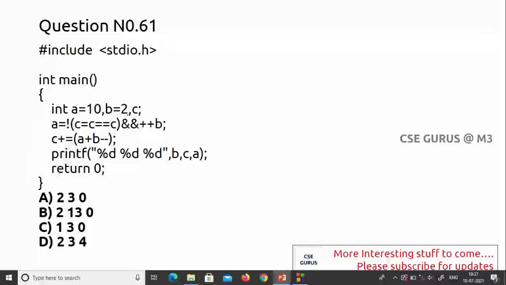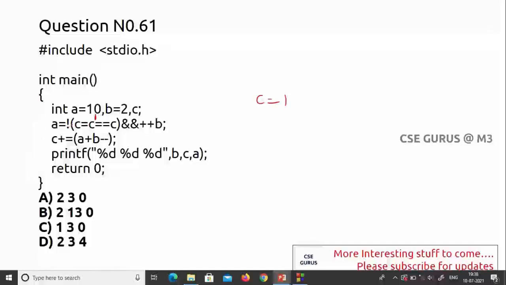What is C value? Nothing is given, but some garbage value. Whatever the garbage is taken here, definitely the same will be taken there, right? I didn't assign anywhere. So some garbage equals garbage, both will be same, that's why it returns 1. So now C value will become 1.